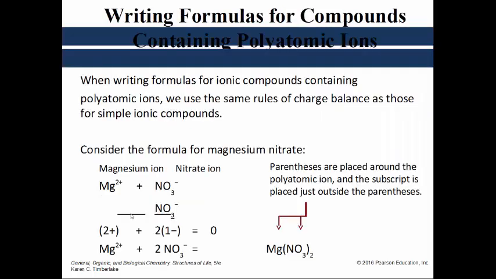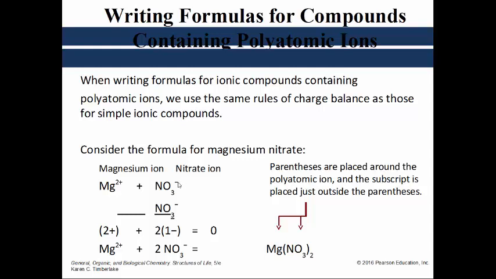Now writing the compound for a polyatomic ion follows the same process as a simple ionic compound. The charges have to equal 0. So for example, if you are combining the magnesium ion and the nitrate ion, magnesium as an ion has a charge of positive 2. The nitrate has a charge of negative 1.